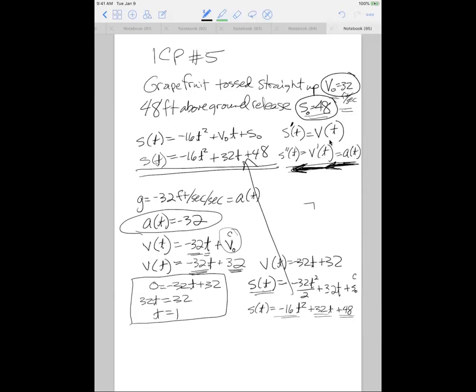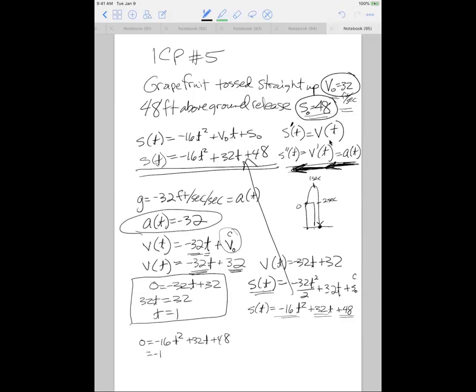Look at what we did before. We had a situation where it was being thrown up and it came down. After 1 second, it's at the peak. And that means at 2 seconds, it was here. This is symmetrical. This is 0 seconds right there, there's 1 second, and then 2 seconds. How long did it take to hit the ground? Hitting the ground was when the position function is equal to 0. So 0 equals negative 16t squared plus 32t plus 48.